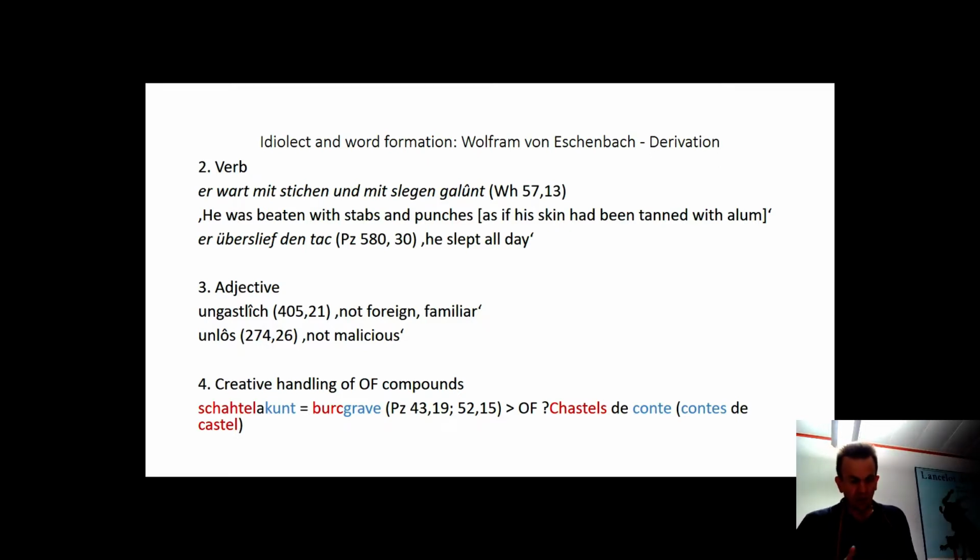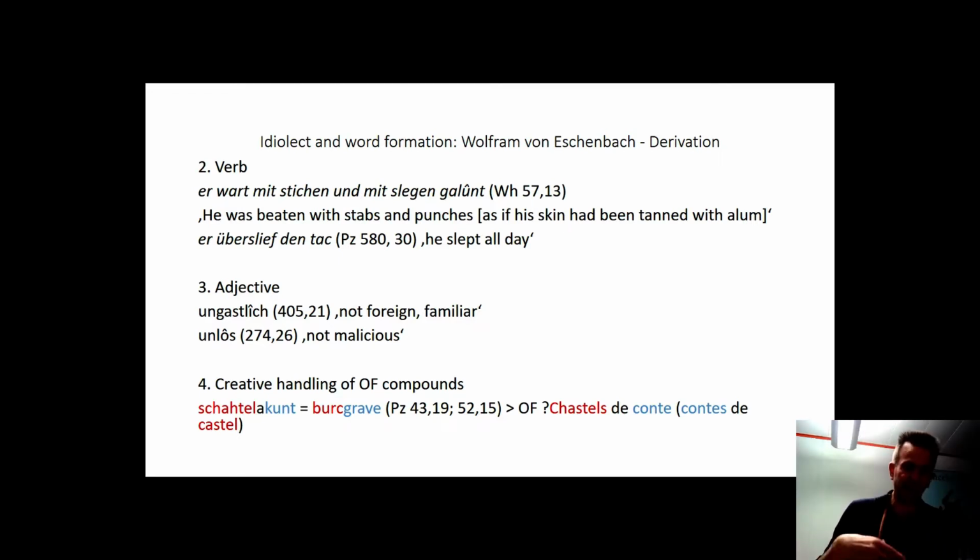Finally, a methodological question. How do we even know that such and other formations attributed to Wolfram really represent his literary idiolect? Well, in spectacular cases such as Charte de la Comte, the verdict may still be intuitively clear, but the only reliable method that can be used in a corpus language is the painstaking proof that this or that formation is only found in Wolfram, or at least first in Wolfram.